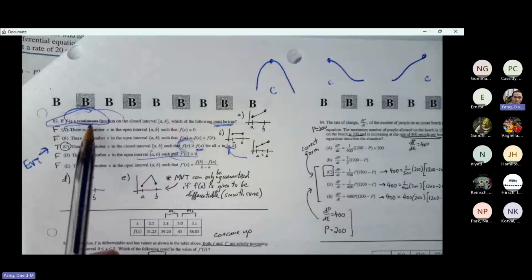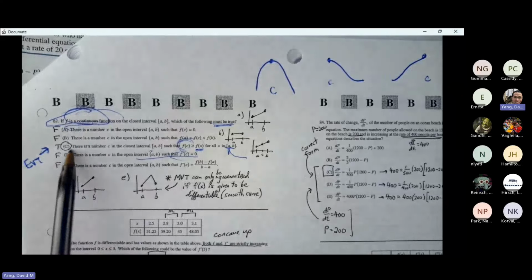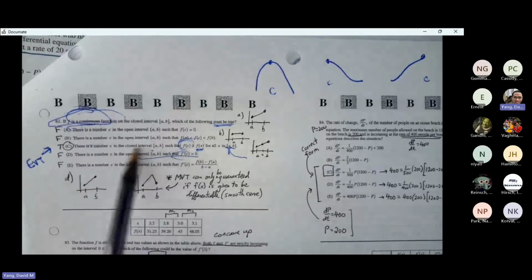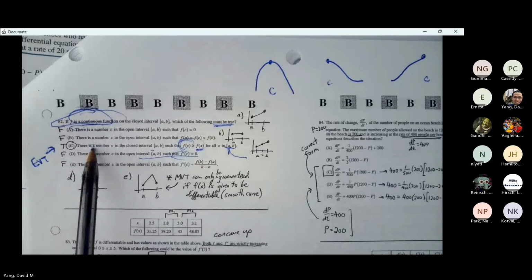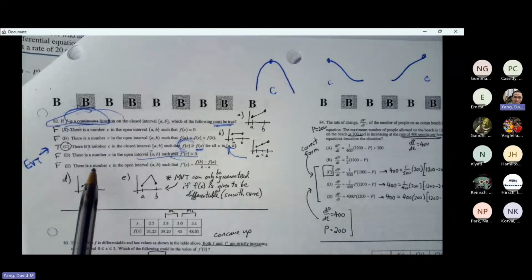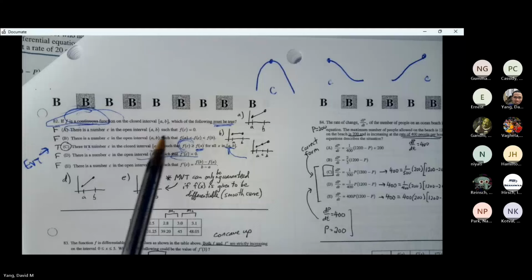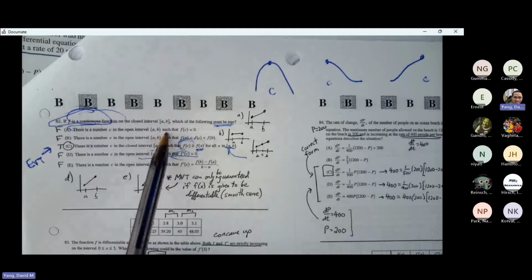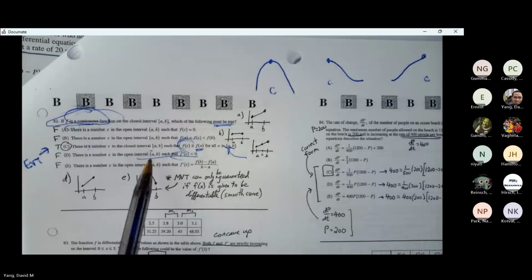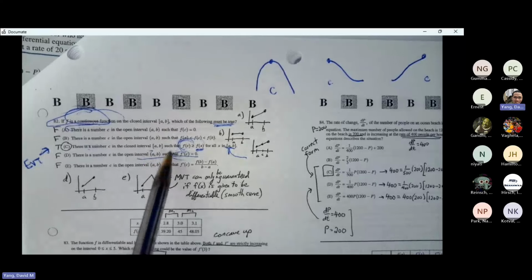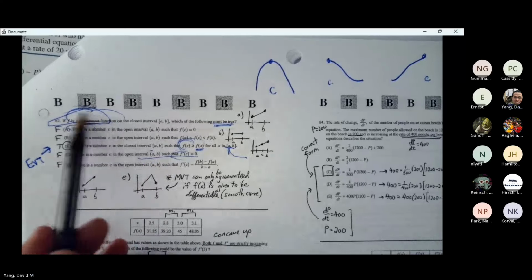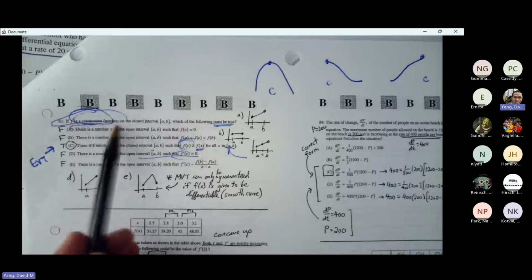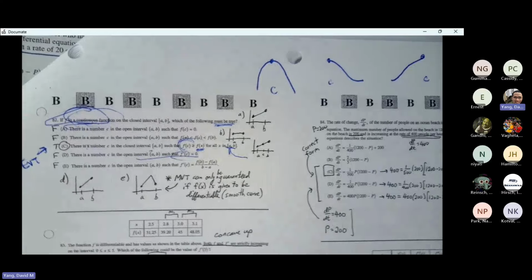So if continuity is the only condition that I have, then yes, I can do EVT. But I can't do IVT. I can't guarantee an x-intercept. I can't do mean value theorem, and I can't do Rolle's theorem either, not with just continuity being the only condition given to me.